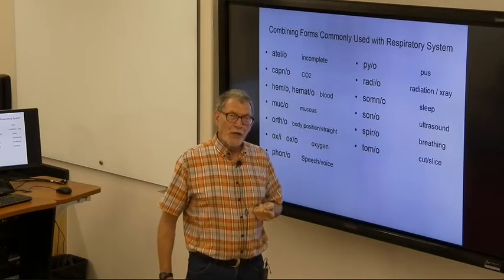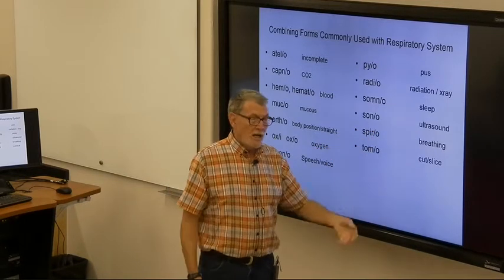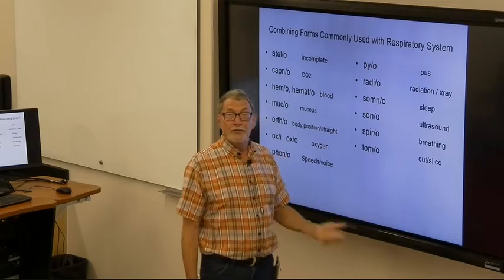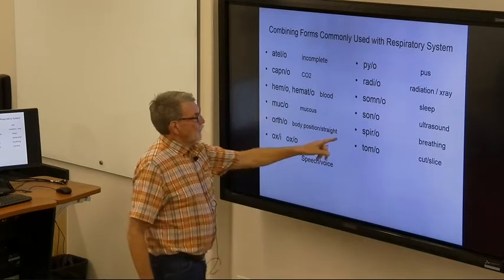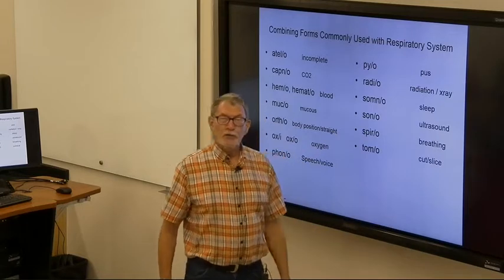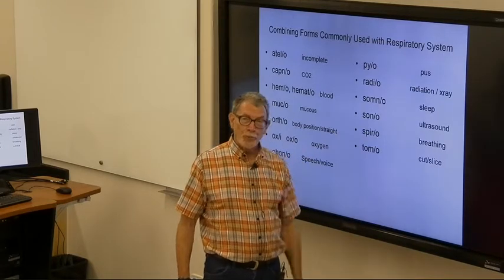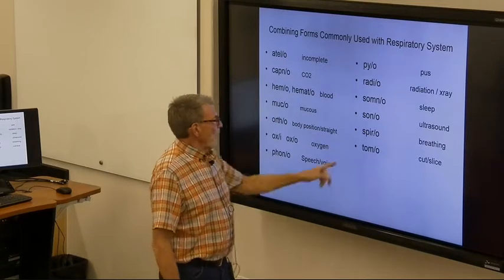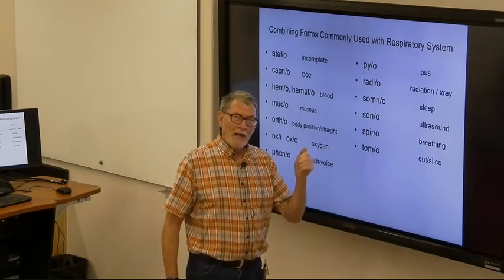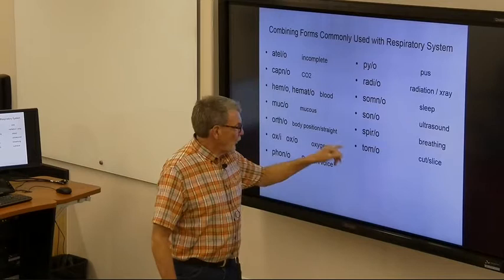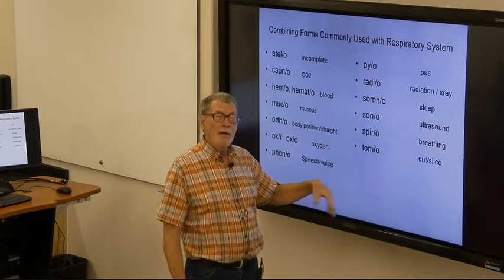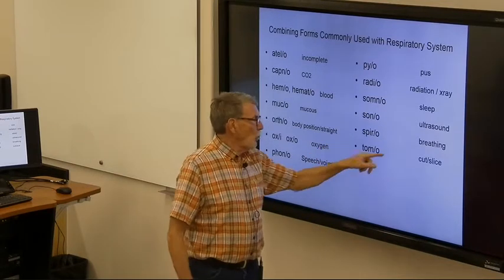That's an ultrasound machine. So sonography is using an ultrasound to look inside you. Spiro is breathing. A spirometer tests how well you can breathe. And tomo, remember cutting that tomato? A tome is the machine. Tomo means to cut.